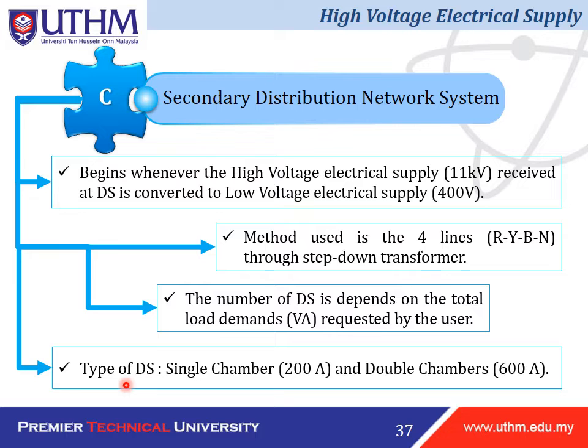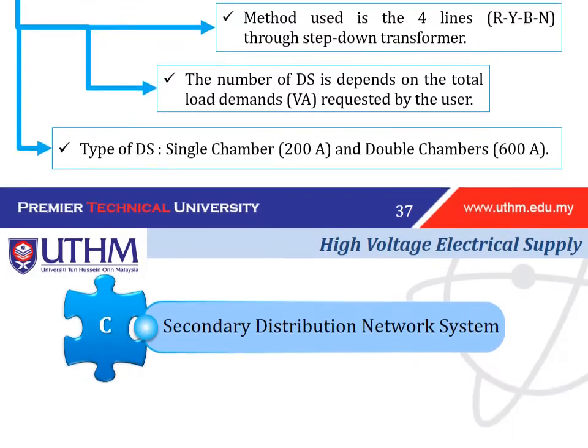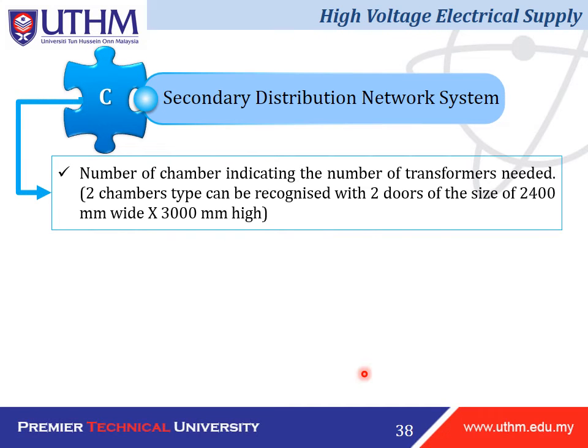The types of distribution substation can be single, and then the number of chambers indicates the number of transformers needed. If the 2 chambers type is used, it can be recognized by 2 doors of the size of 2400 mm wide times 300 mm height.